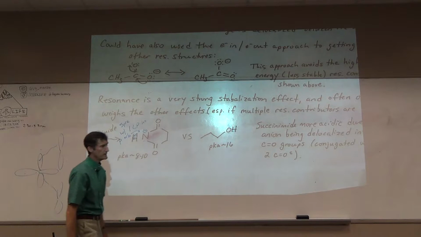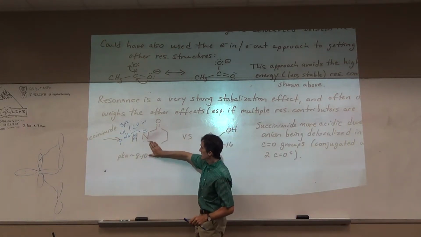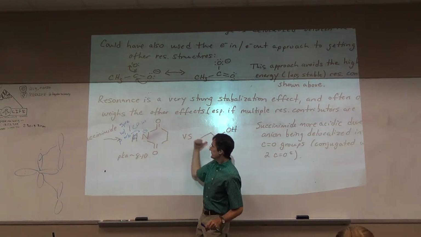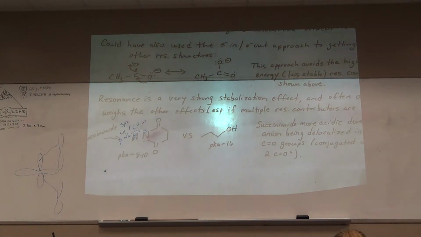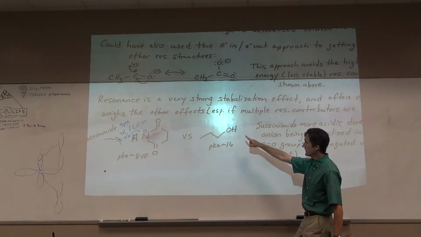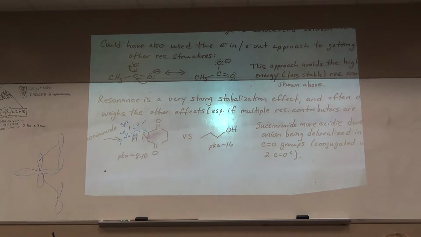Resonance does tend to be more important than electronegativity. If there was only one carbonyl there, this would be more acidic. That would still be a p orbital, right? Yes, it would still be in a p orbital, so it doesn't matter then, but that would still be more acidic because minus on oxygen is inherently better than minus on nitrogen.